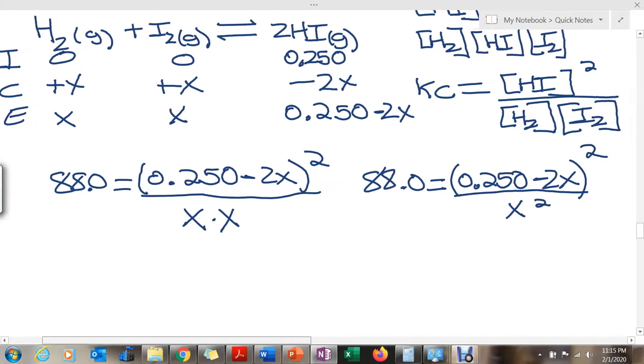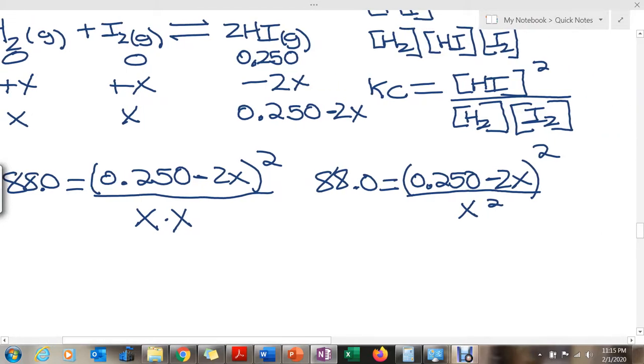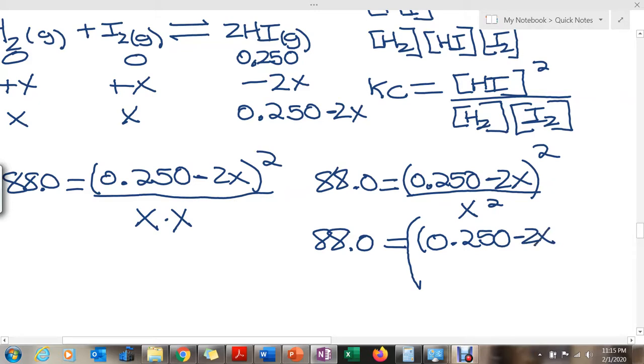Now, if you look at this, this is so easy because we can take the square root of both sides. Remember, this is like saying 88.0 equals (0.250 minus 2x divided by x), and all this squared.